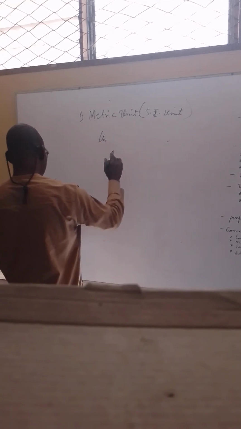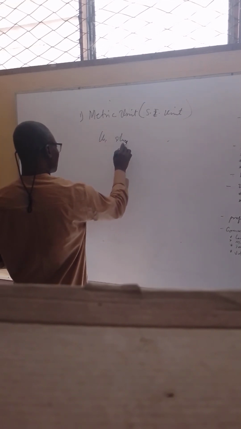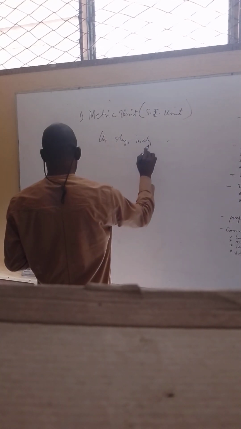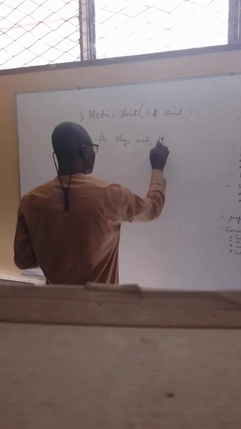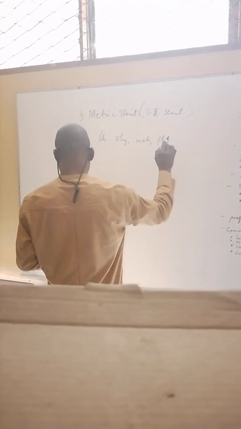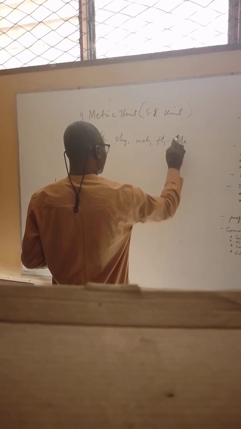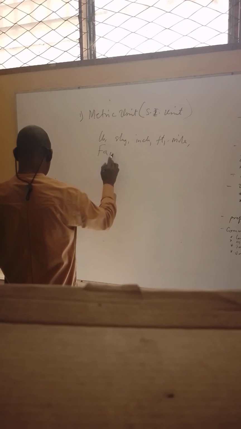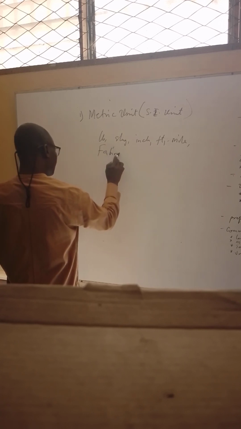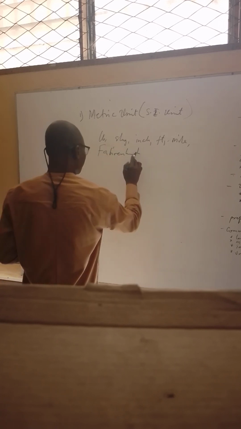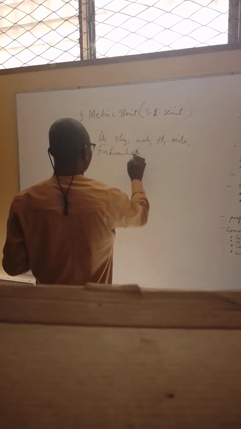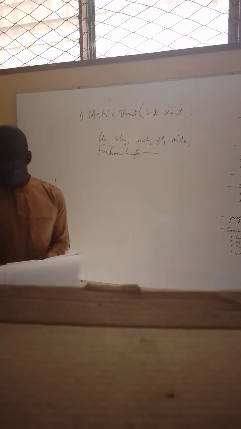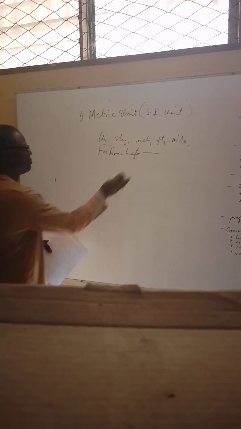We have the slug, we have the inch, we have the feet, we have the mile, and we have Fahrenheit for temperature measurement. So these are the units of measurement.